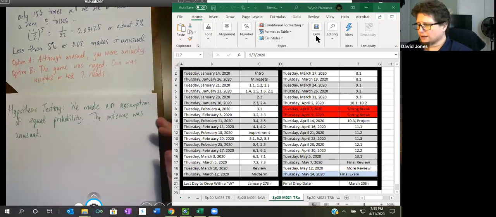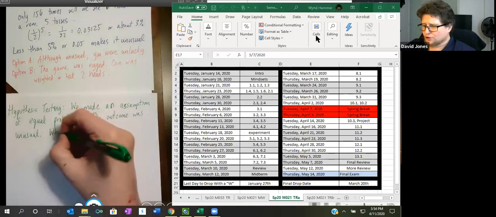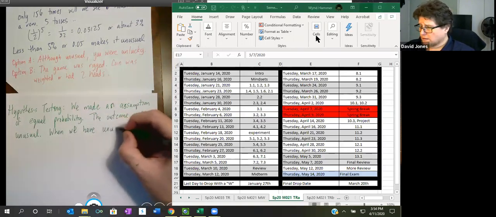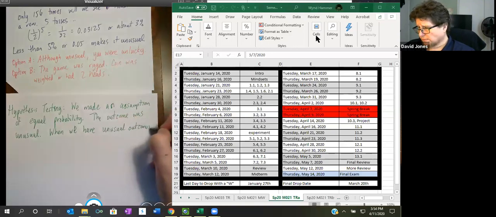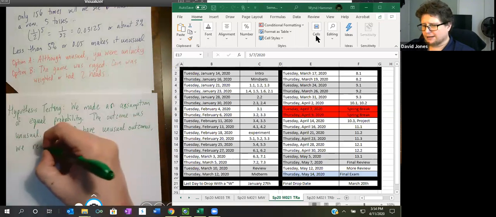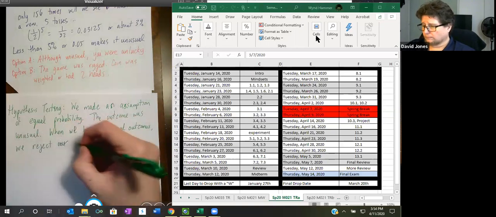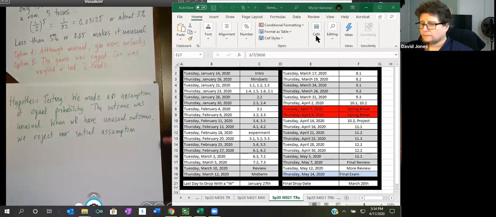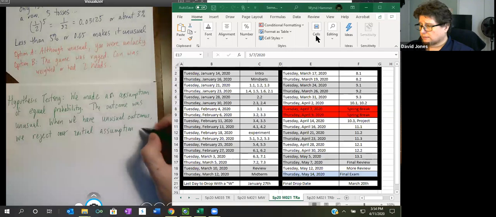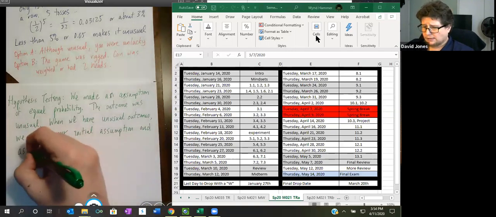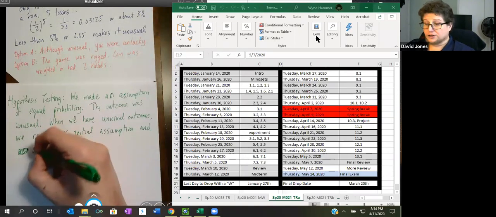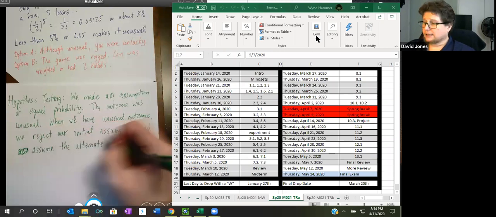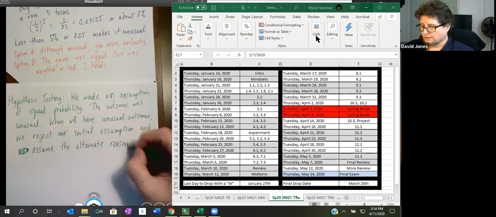Where this leads is when we have unusual outcomes, we reject our initial assumption, and assume, we still don't know, but assume the alternate idea was correct, or the alternate reason was true.